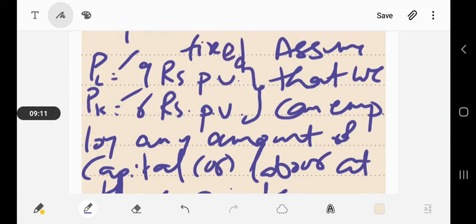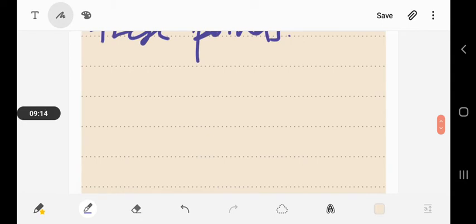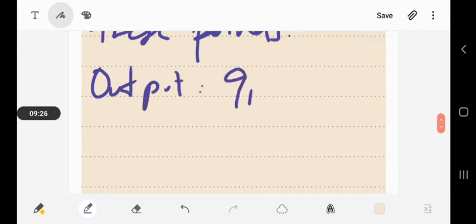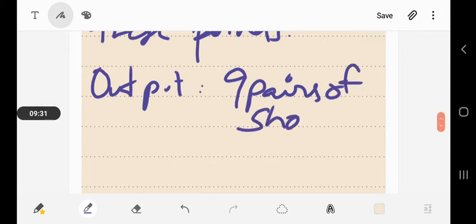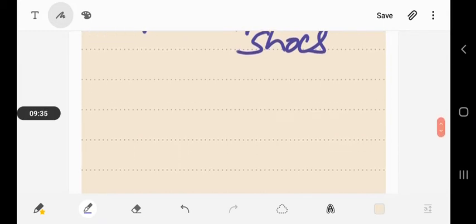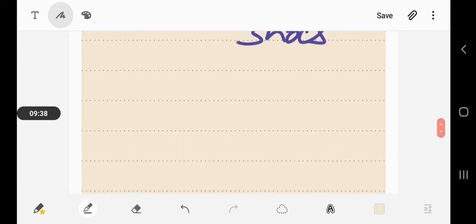Let our entrepreneur make 9 pairs of shoes. Here the output is 9 pairs of shoes. The alternative combinations of labor and capital open to him are given below.